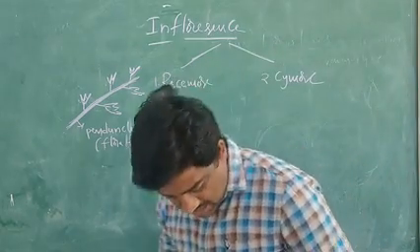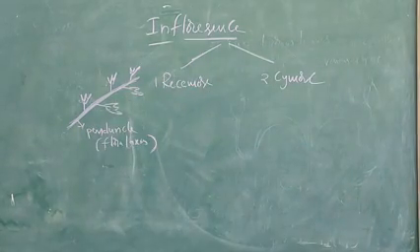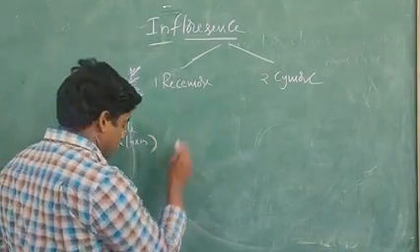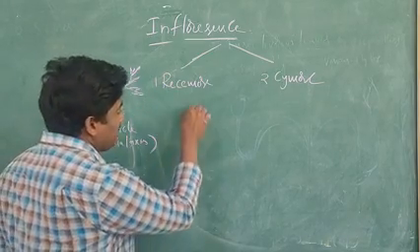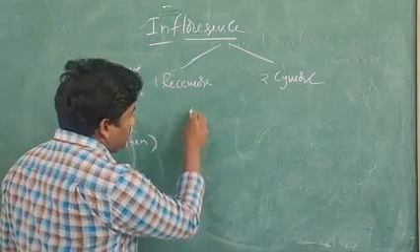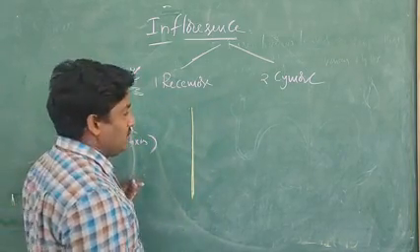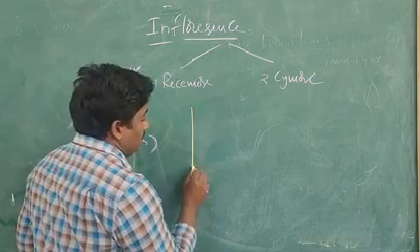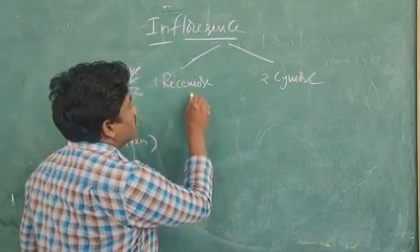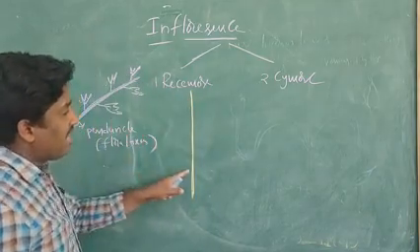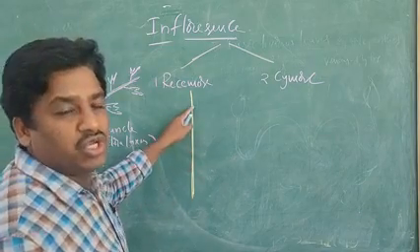Racemose inflorescence means in the plant, the floral axis, the main axis, continues to grow.